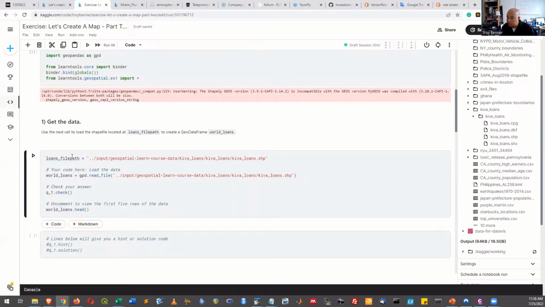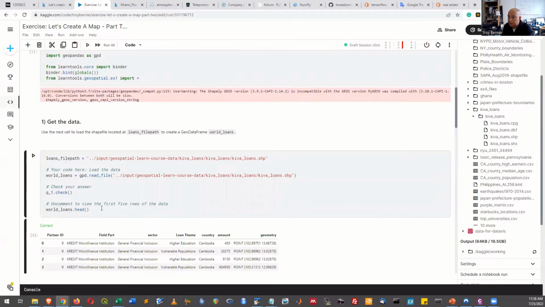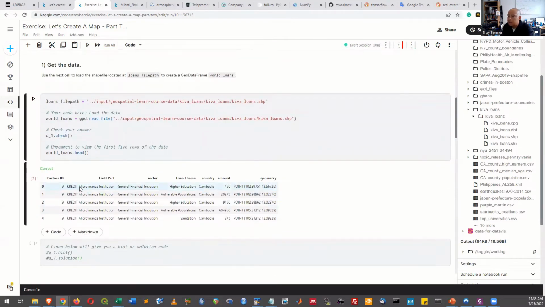GeoPandas is reading this file, and it's called world loans. And we're going to look at the first 5 rows of data, starting at index 0, 1, 2, 3, 4, and it's 5.